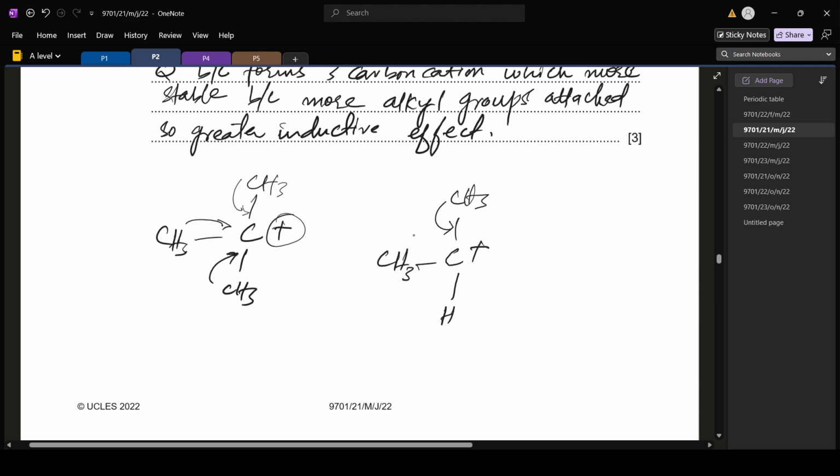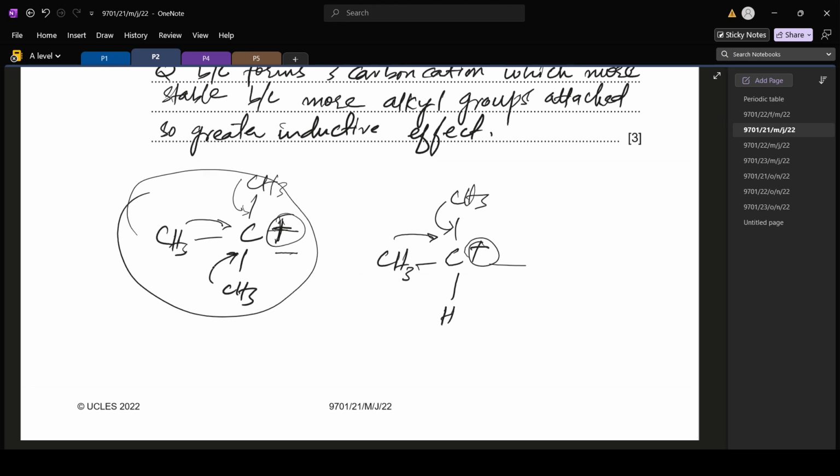These will also donate their electrons, but the charge density here will be higher than this one, because all these alkyl groups donate their electrons, and electrons have negative charge, so they will stabilize the positive charge. Here the charge density will be high, so it will be less stable than this one.